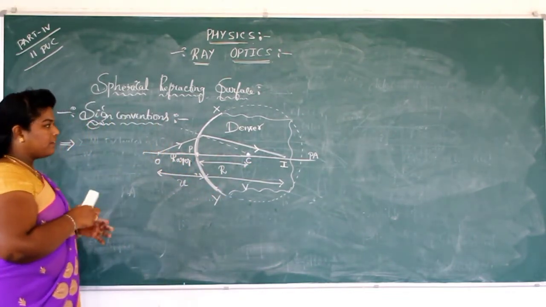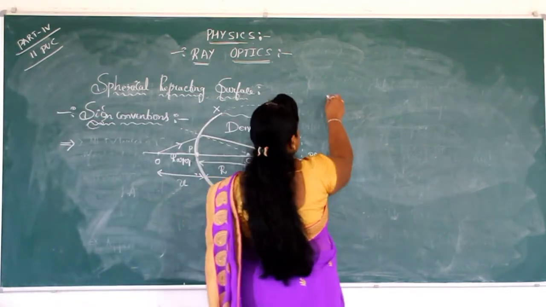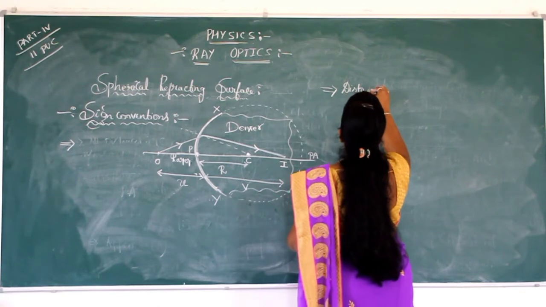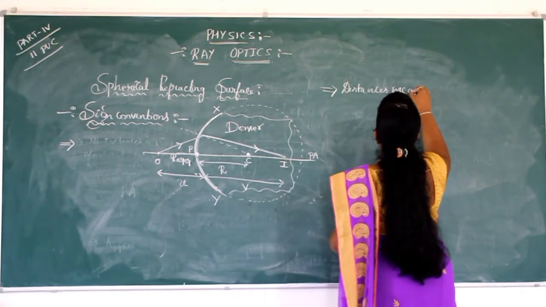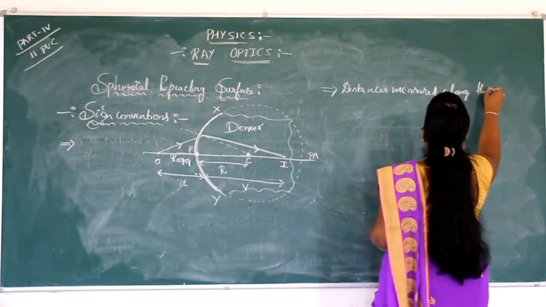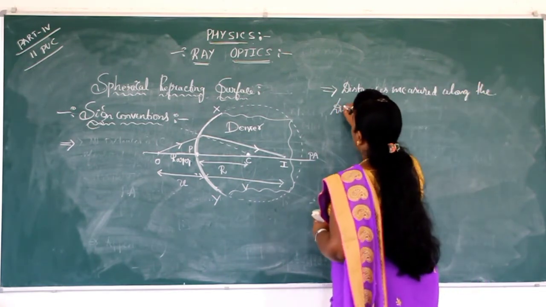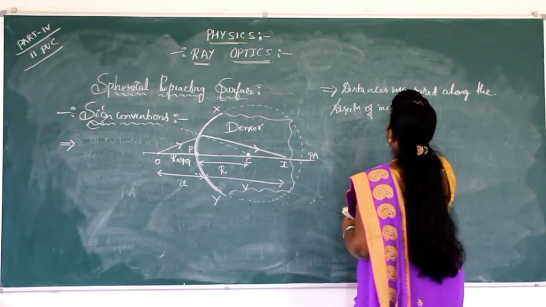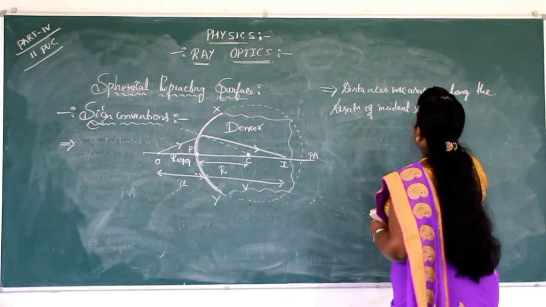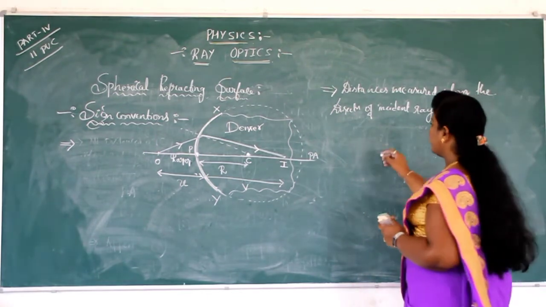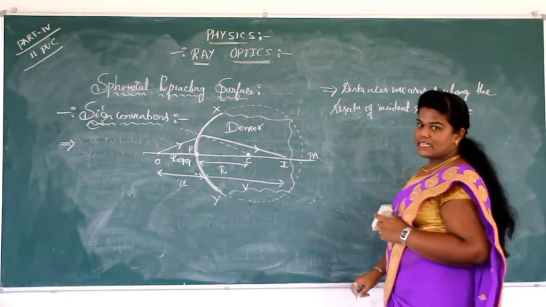The next sign convention is that all distances measured along the direction of incident ray are taken as positive, otherwise they are taken as negative.